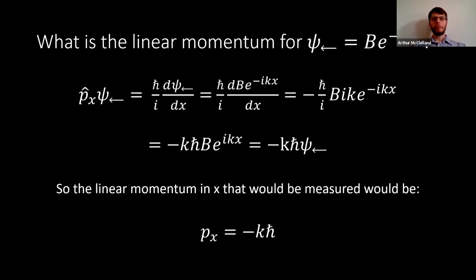And so the linear momentum here, if we measured it, would be minus k h bar, because that's the eigenvalue of the eigenvalue equation. And I'm calling it psi left arrow because traditionally we say movement to the left is negative, movement to the right is positive. All right.